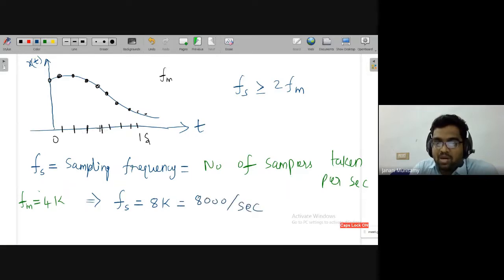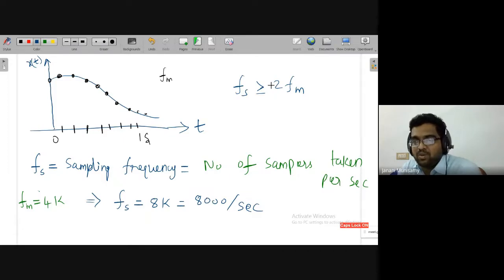If you want to represent this information in terms of digital data, at least you have to take 8,000 samples, but it can be greater than that also. Instead of 2 Fm, you can use 3 Fm also, but 2 Fm is the minimum value. Instead of 8K, you can take 12K or 16K samples, it's your wish.